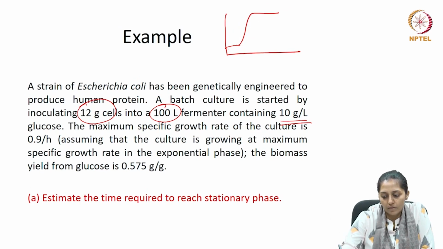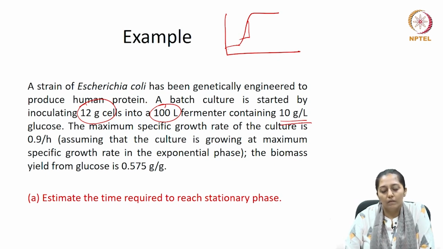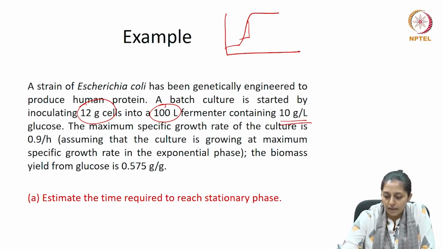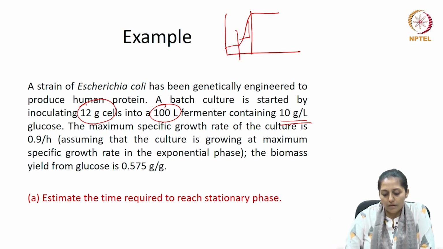And so now we need to calculate the time required to reach the stationary phase. During the exponential phase, as I had written earlier, it is an exponential function of time.